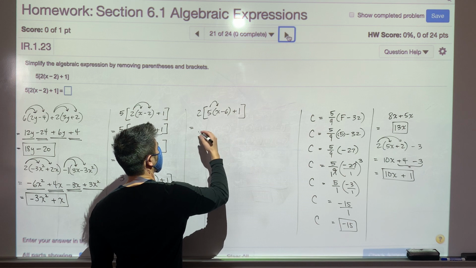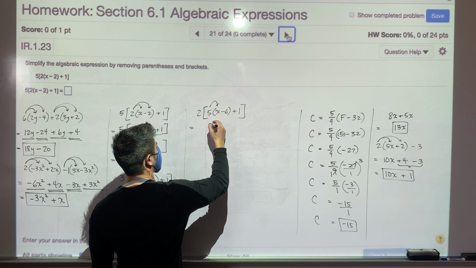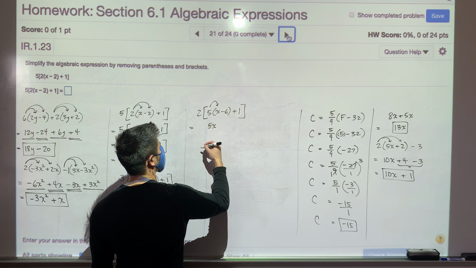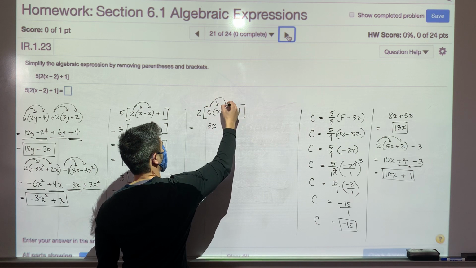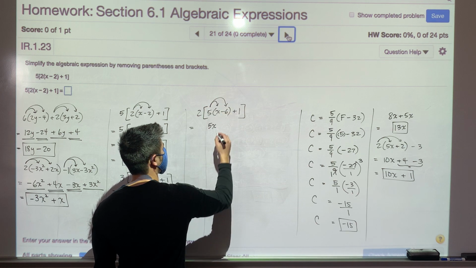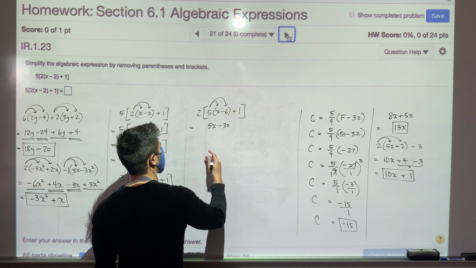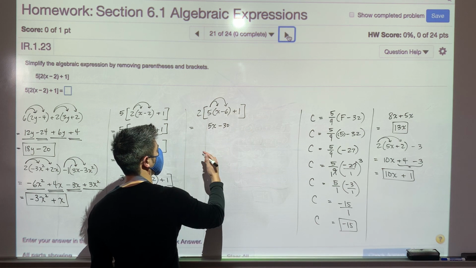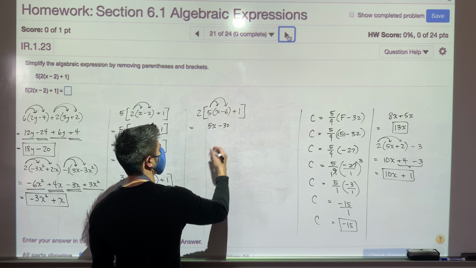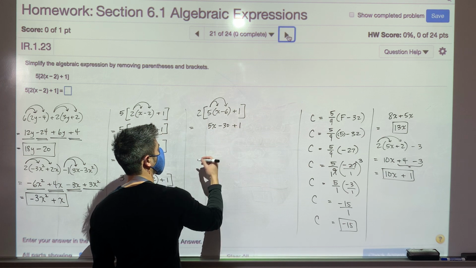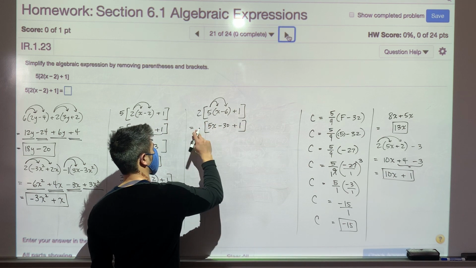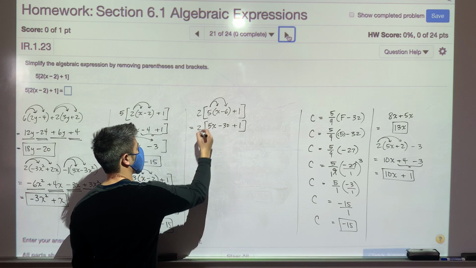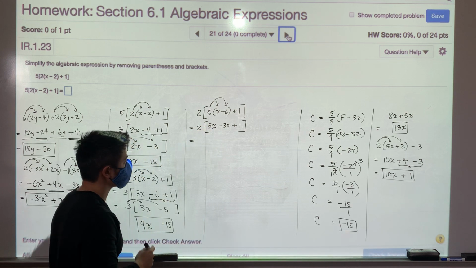What do you get? 5x. Good. What else? Multiply the 5 by negative 6. Okay. What do you get? Negative 30. Good. And then what's the rest that should be on that line? Plus 1. Okay. Anything else on that line? And then inside the brackets. Good. And anything else out here? 2. Good. All right.